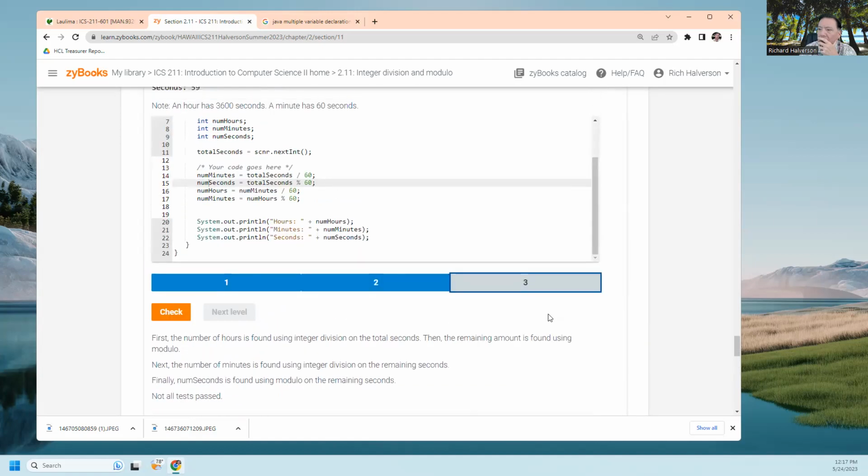Okay, so I'm going to do it a different way. The number of minutes equals the total number of seconds mod 60. Oh, yeah, divided by 60. Number of seconds is number of minutes. Oh, I change.